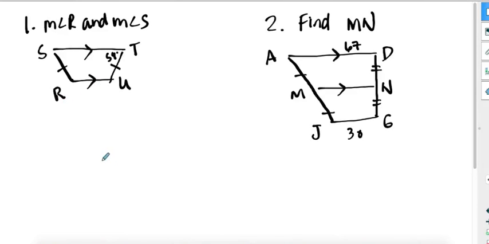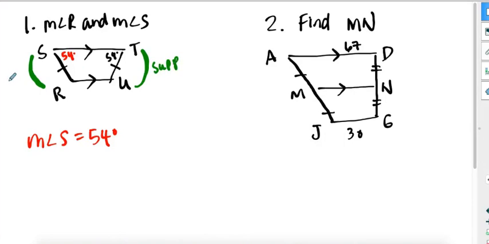Okay, with an isosceles trapezoid, the base angles are congruent. So if this is 54, and then this one is also 54, which means the measure of angle S is 54. And then we have consecutive angles, these guys right here that are next to each other. Both of those consecutive angles are supplementary, okay?